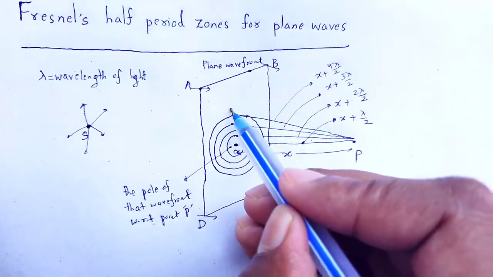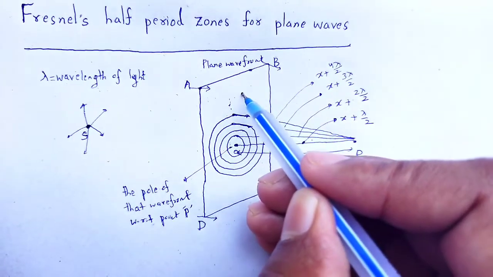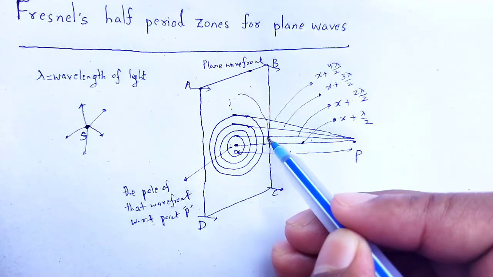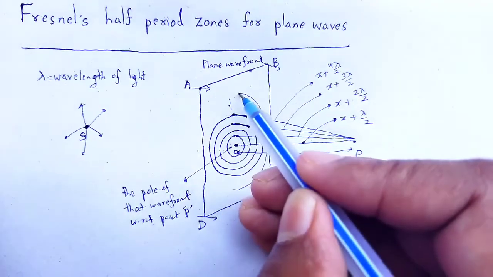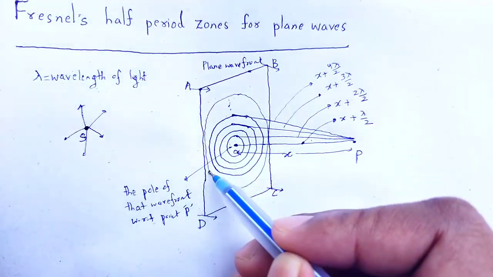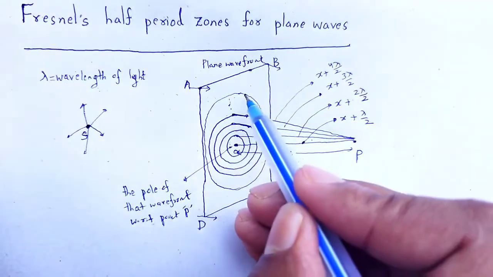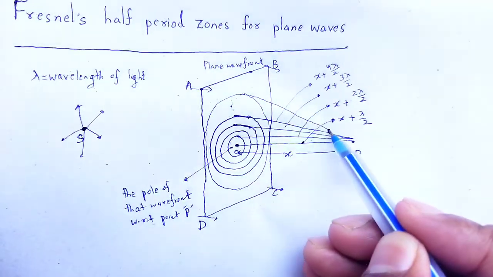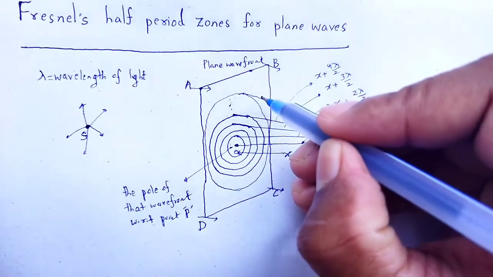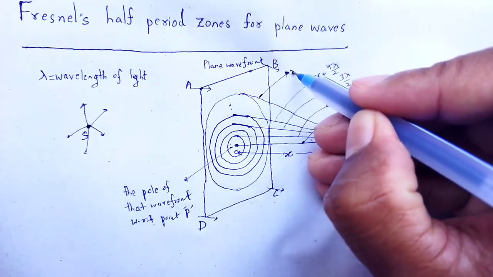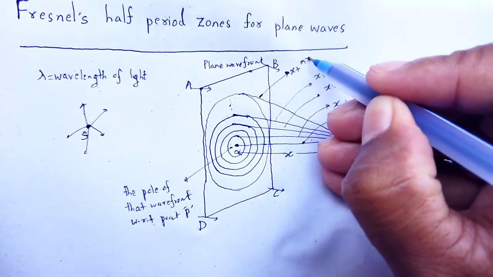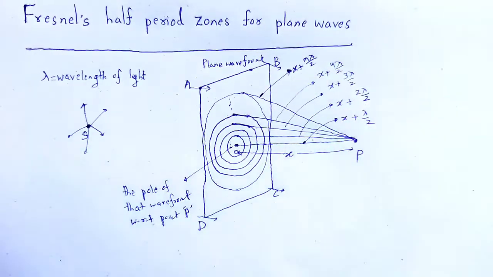If we take such n number of Fresnel strips, it has x plus n lambda by 2.